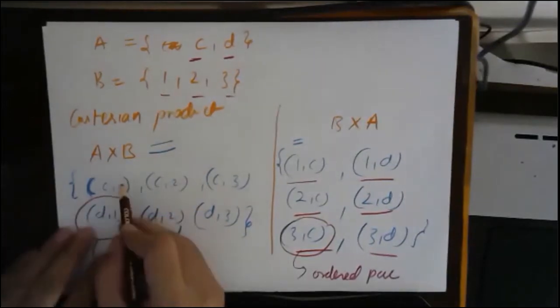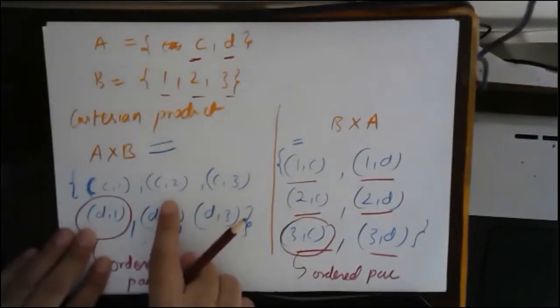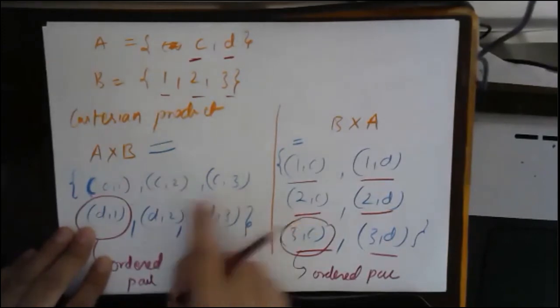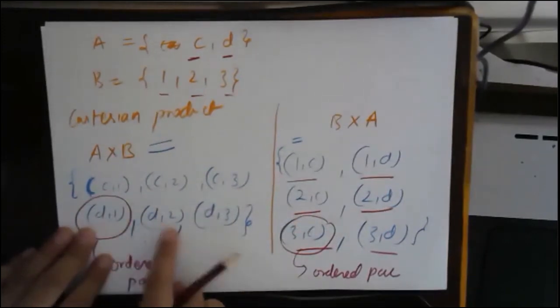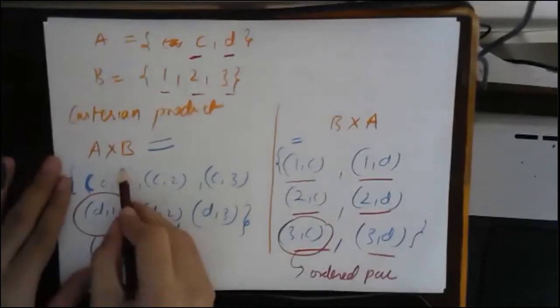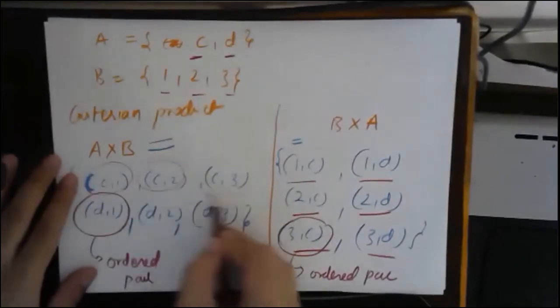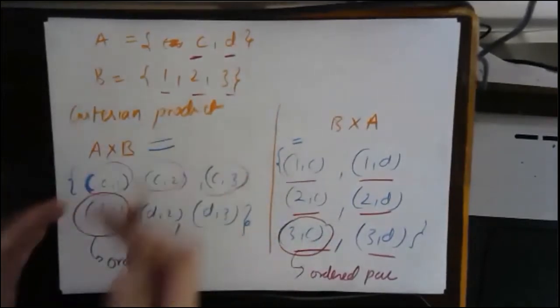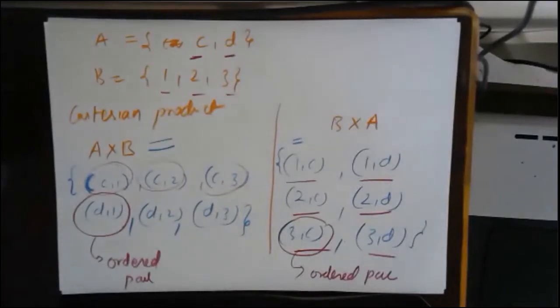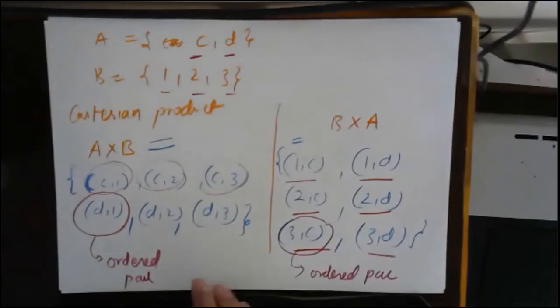A cross B has elements (C, 1), (C, 2), (C, 3), (D, 1), (D, 2), (D, 3). All are separate. Each element, which we have given a name, is known as an ordered pair. Fine. I hope this is okay for everyone.